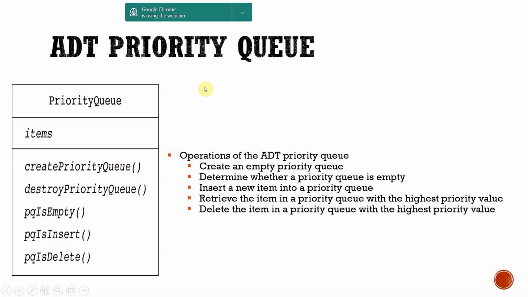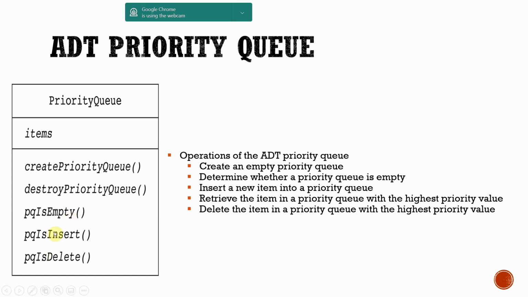Some of the functions that we want to have for our priority queue are very similar to what we had for a regular queue: creating the priority queue, emptying or removing the priority queue, and having some Boolean functions that let us know if our priority queue is empty or full.